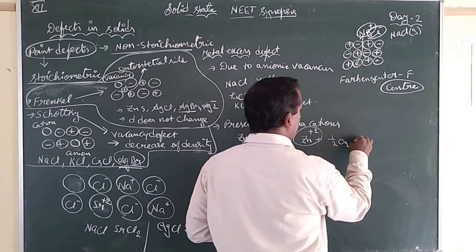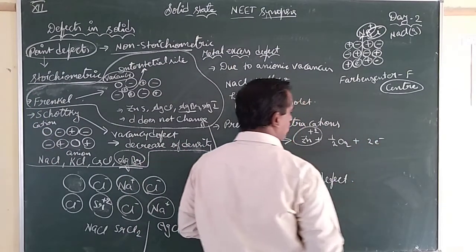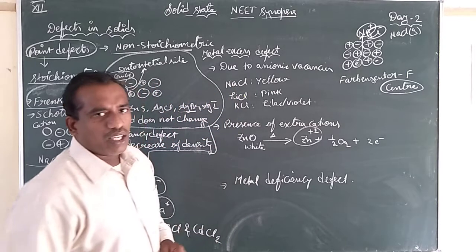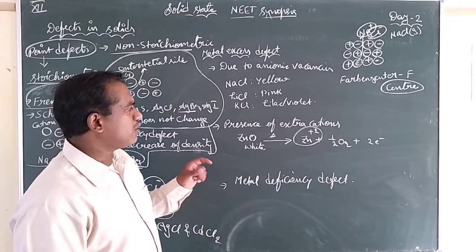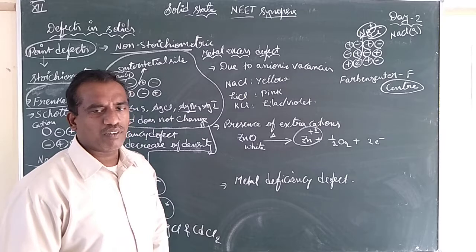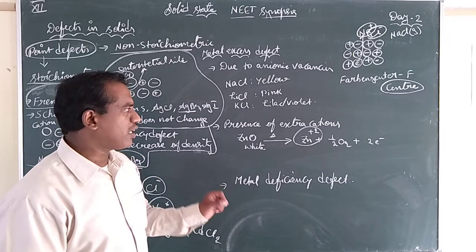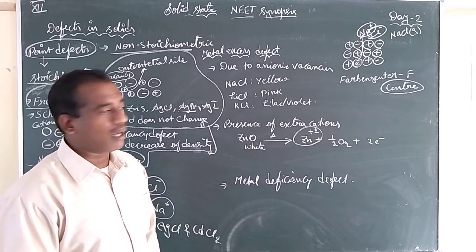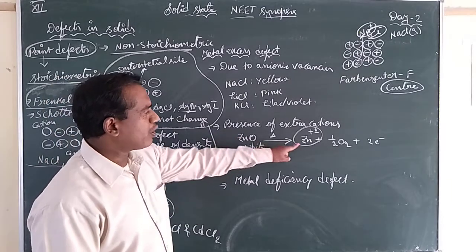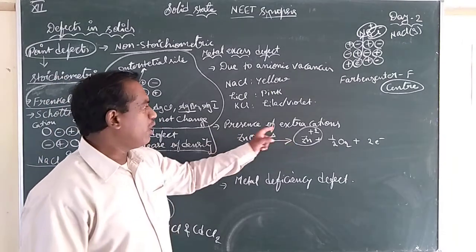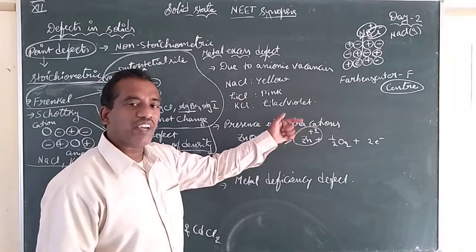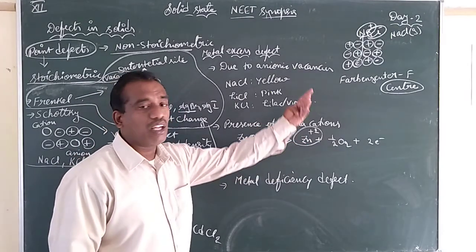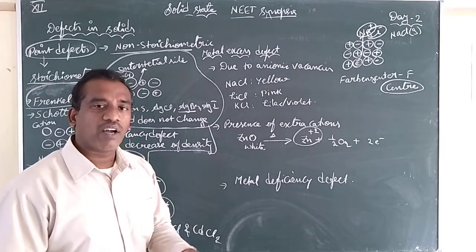Along with that, there will be the electrons. The electrons will absorb some color from the UV radiations and it will impart a characteristic color like yellow for the compound. Why is this absorbed? Here also metal is more in the compound, and this is due to the presence of extra cations because oxygen had left the compound after heating.